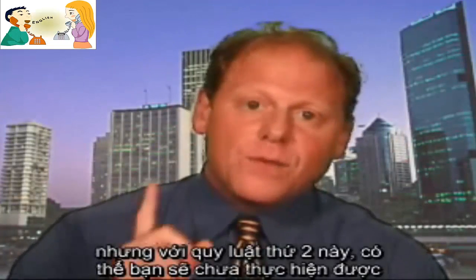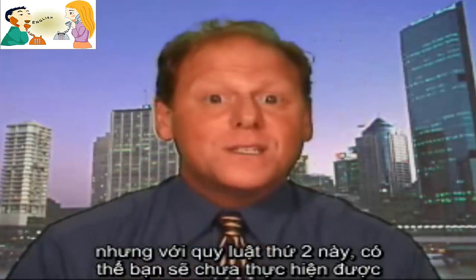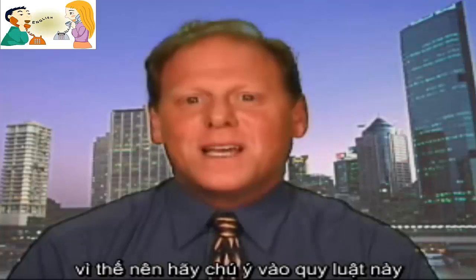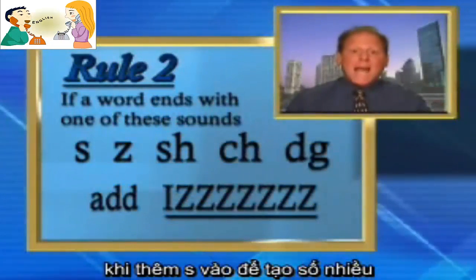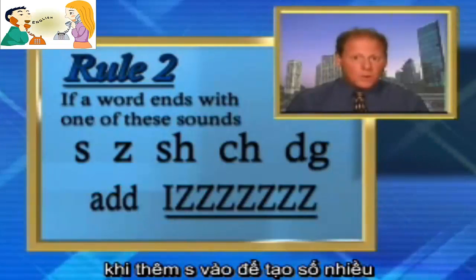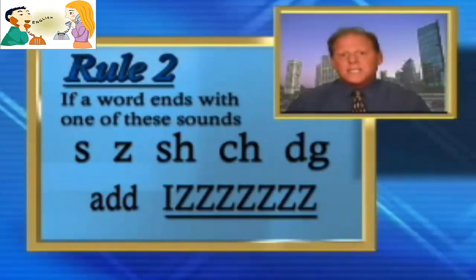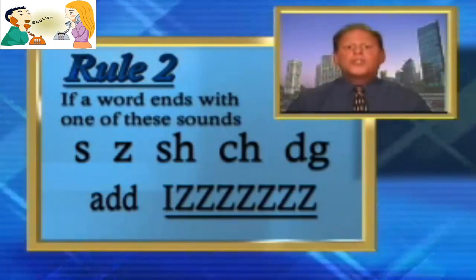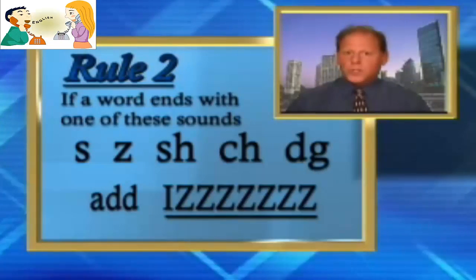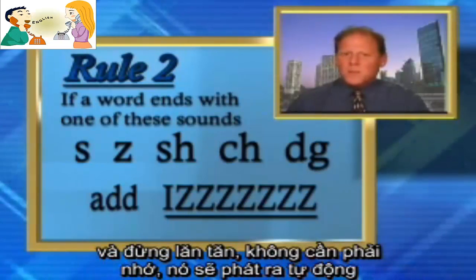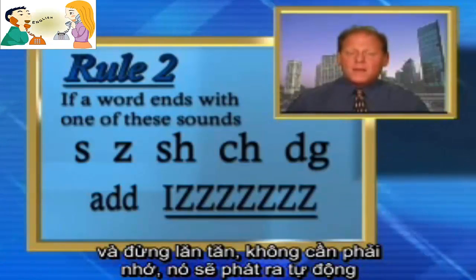Now, as I said, you already follow this rule, and there really isn't anything new to know. But on rule number 2, now this one you probably do not do, so pay close attention to this rule. When adding an S to a word to make it plural, if a word ends with any of these sounds, s, z, sh, ch, or j, as in judge, and don't worry, you really don't need to memorize this, it will become automatic.